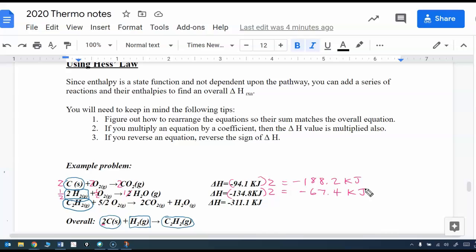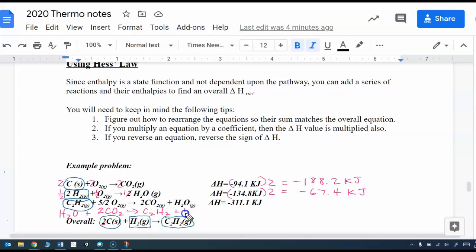And then the last one is I'm going to have to reverse this equation because I can see right now the C2H2 is on the opposite side. In other words, it's a product in the overall reaction. So that means that I'm going to literally take and rewrite my equation so the products are on the reactant side and the reactants are on the product side.